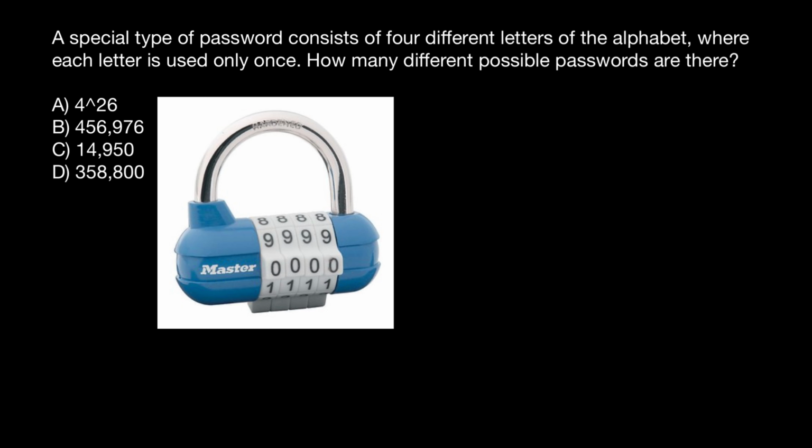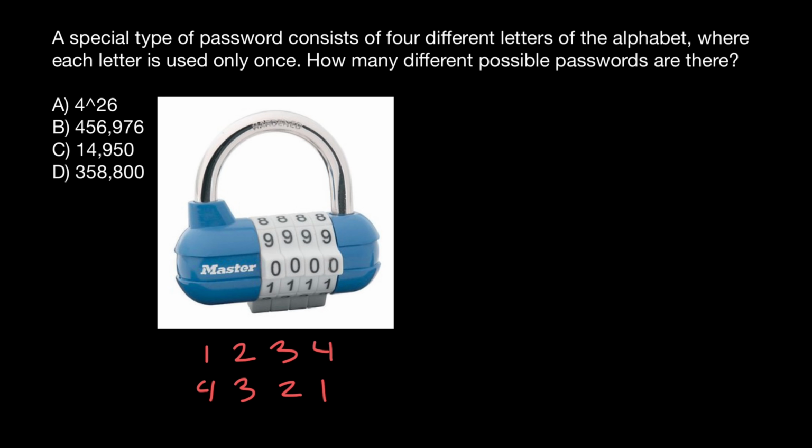Let's say we have 4 numbers here, and our code would be 1, 2, 3, and 4. If we put in 4, 3, 2, 1, this number is not going to open this lock. Only this number is going to open this lock.